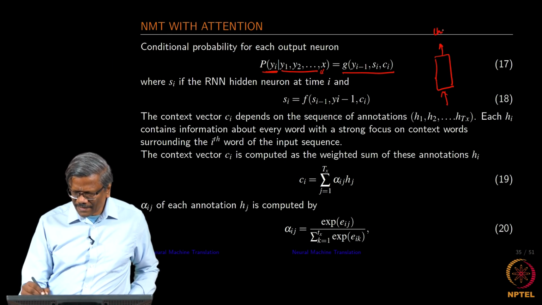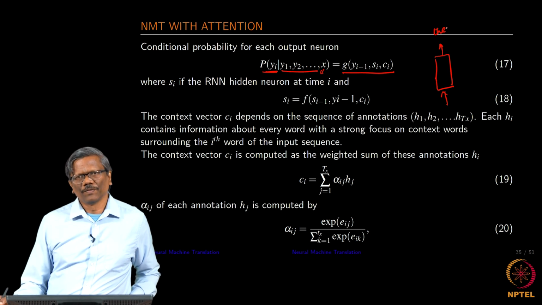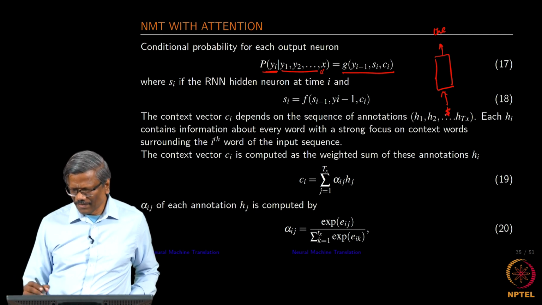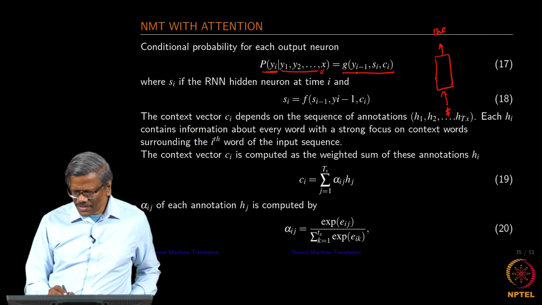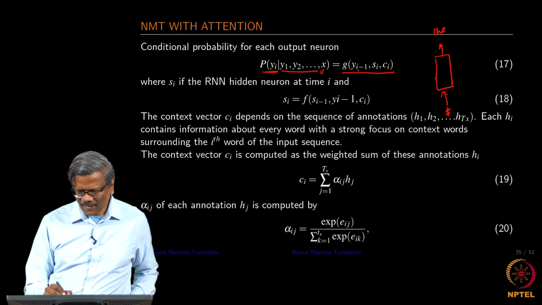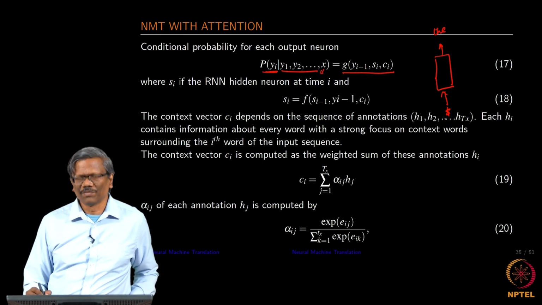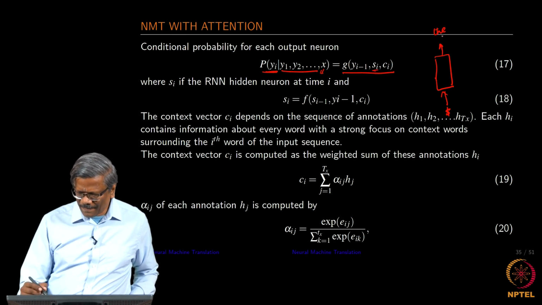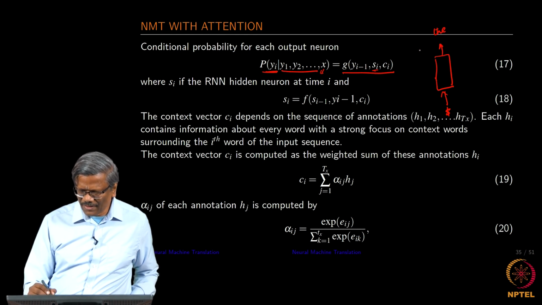Let us say I am translating from French to English. This is the start of this sentence. I am just marking it as a $. This is a function of the previous value. This start symbol is our previous value here, and then it is going to be the value that you are computing based on the context and the Si.